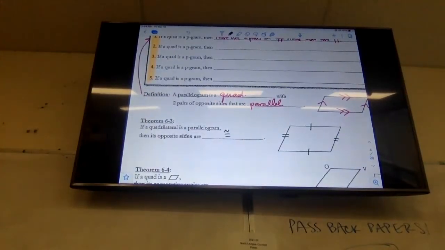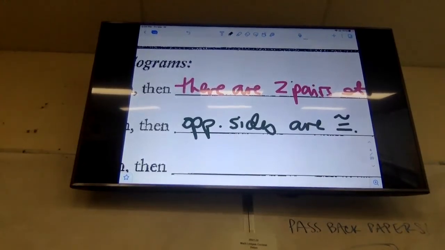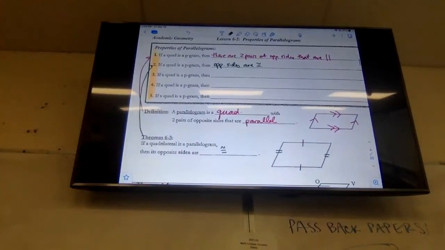So I'm going to go up to my property number 2, and I'm going to write, if a quad is a p-gram, then opposite sides are congruent. Okay, questions yet?